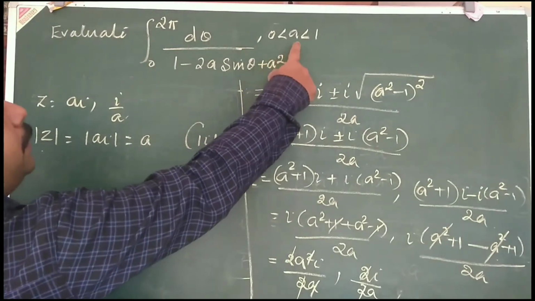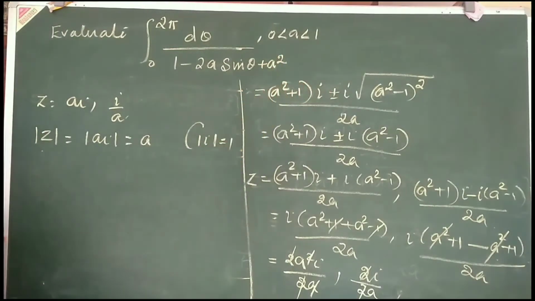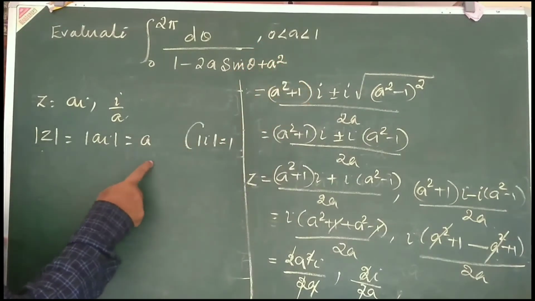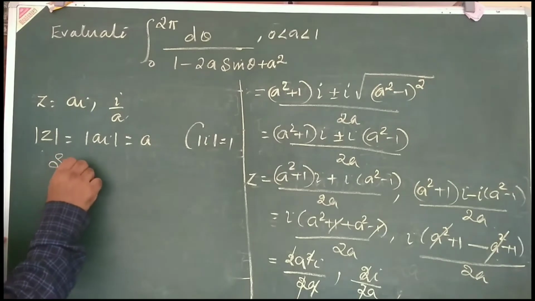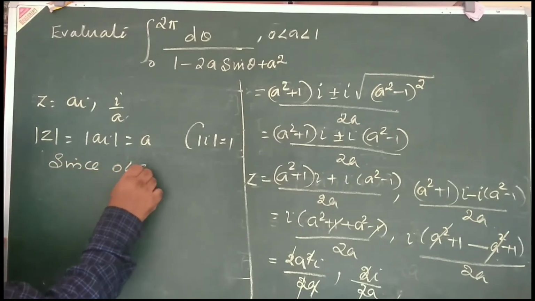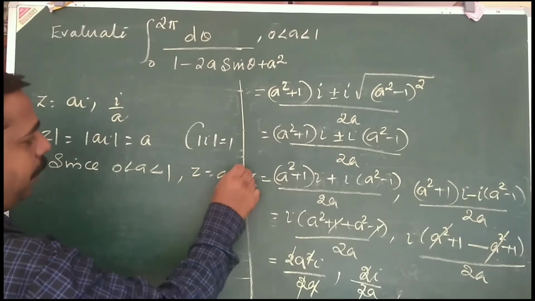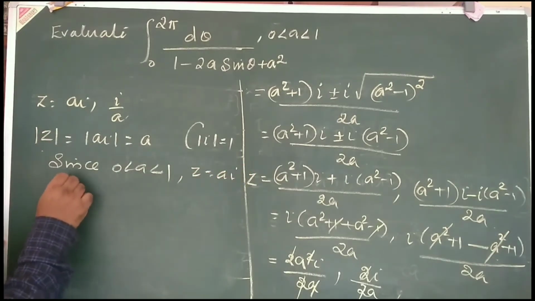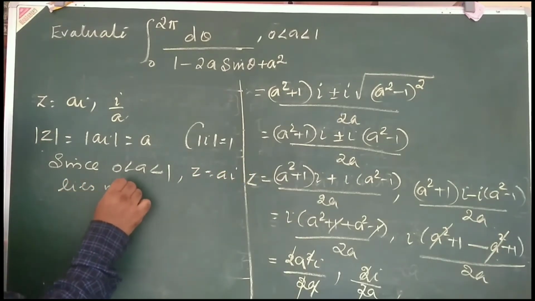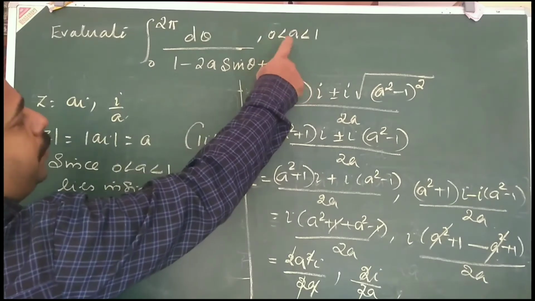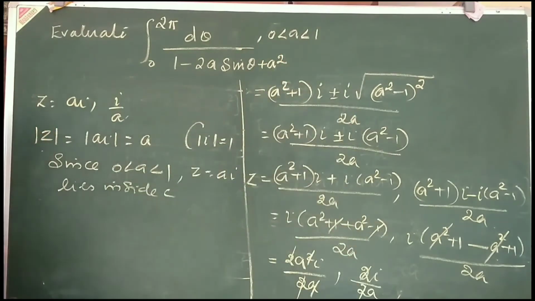And then 0 less than a less than 1, which means it lies inside C. Since 0 less than a less than 1, z is equal to ai lies inside C, because mod z less than 1 means the value must be in between 0 and 1.